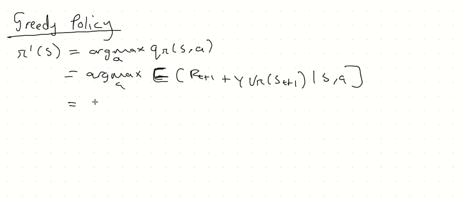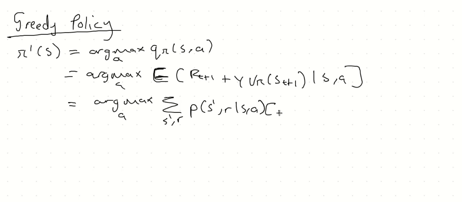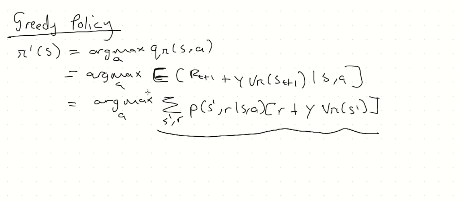And this is again equal to the argmax over all actions of the summation over s prime comma r of p of s prime comma r given s comma a times r plus gamma times v pi of s prime. So this is essentially where this leads us to. The same formulation we had here, we're just taking the argmax over all the actions. This is actually what the result of this policy improvement would be. This is how we improve our policy using a greedy scheme.